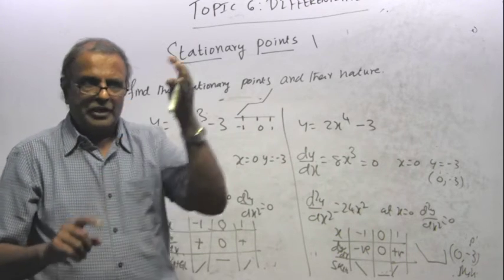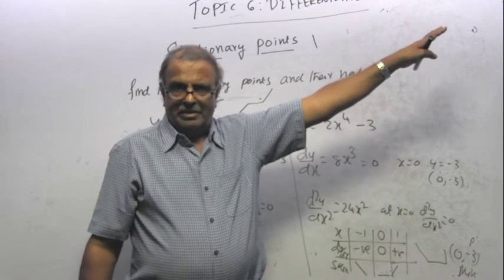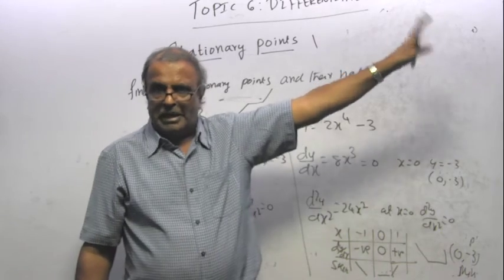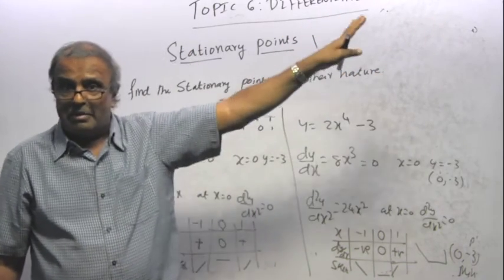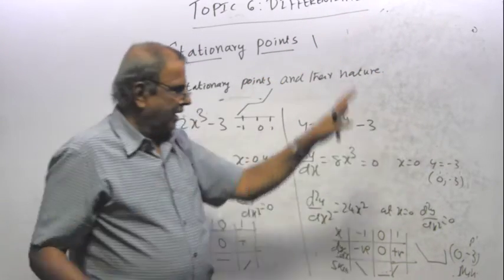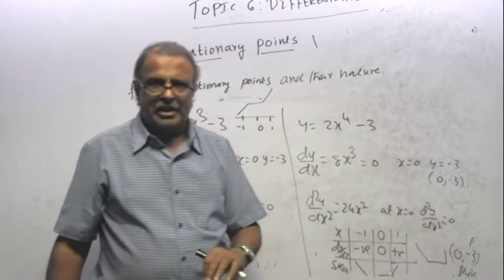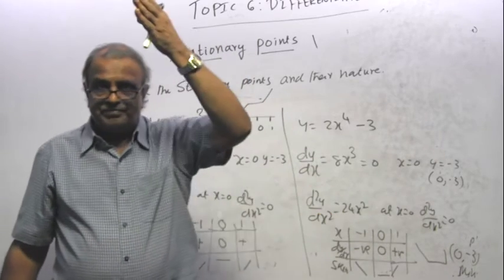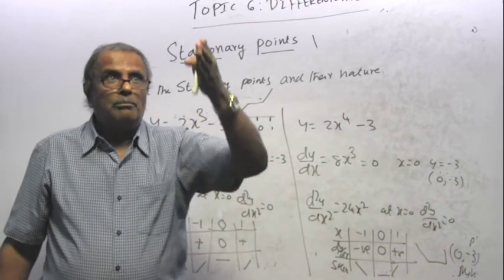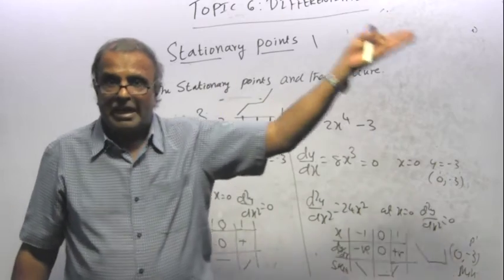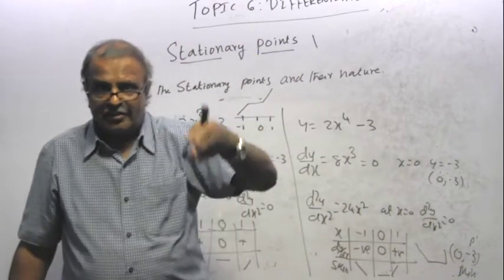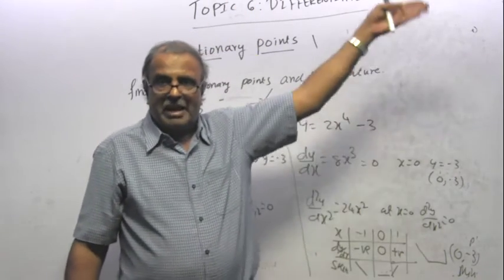If you get a positive answer, the stationary point is a minimum point, and the y value is a minimum value. And if your answer is negative, then the point you got is a maximum point, meaning the stationary value of y is a maximum.